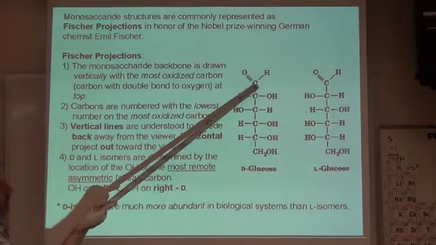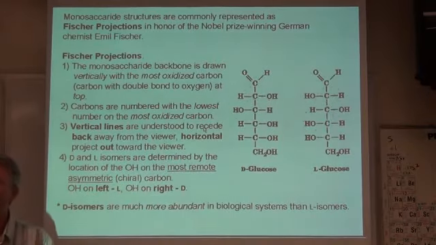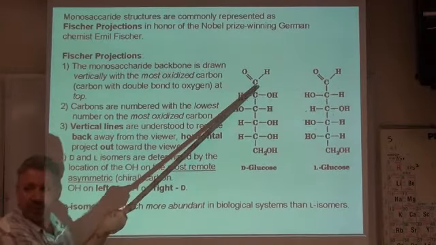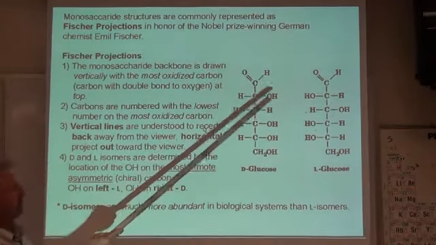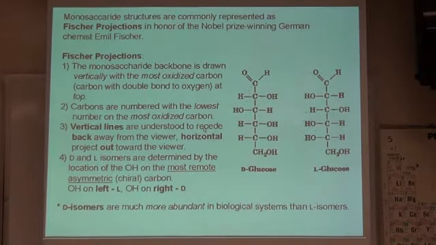We're going to put the most oxidized carbon at the top, and most oxidized carbon means the one with the most bonds to oxygen. That's what most oxidized means. If it's an aldehyde, it will be the top carbon. We'll see in a minute if it's a ketone, it'll actually be carbon number 2.